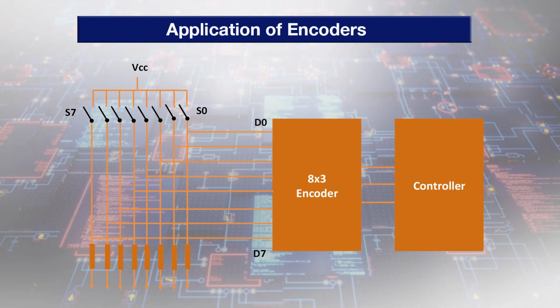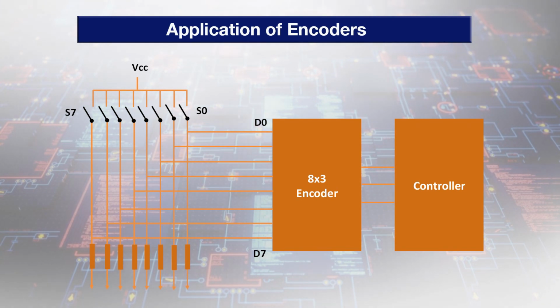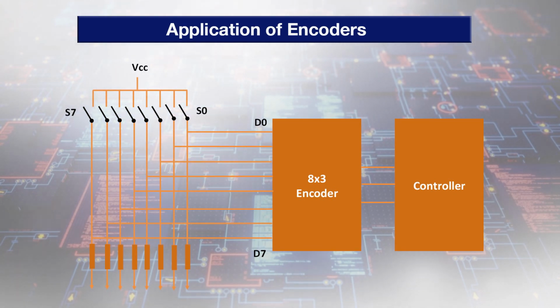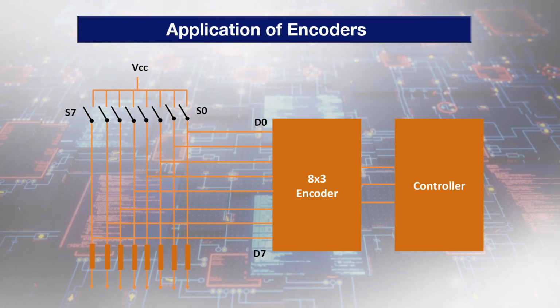Depending on which key is pressed, we get a specific code at the output of the encoder, and by reading that code the controller can know which key is pressed. So in this case, instead of 8 pins, we just require 3 pins, and in this way we can save the number of input output pins.